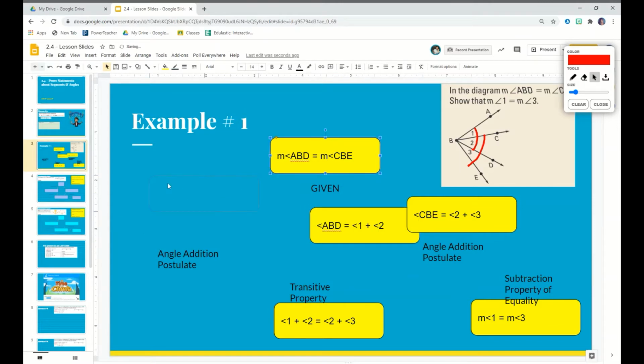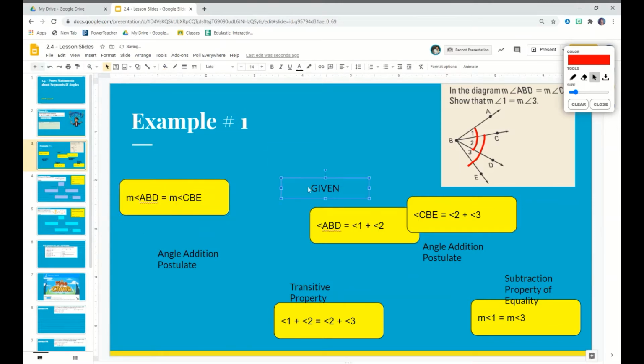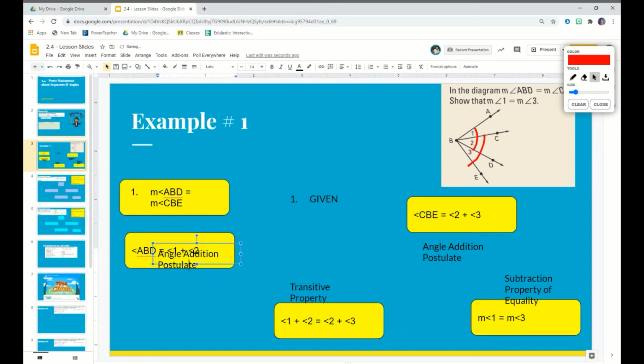If these two angles are congruent to each other, then I can make this statement. I don't need them to be congruent. I can make this statement, the angle addition postulate exists, even if ABD and CBD are not congruent to each other. But this is just an example of how you would read the T-chart, because the if-then statements are broken up into two separate statements.